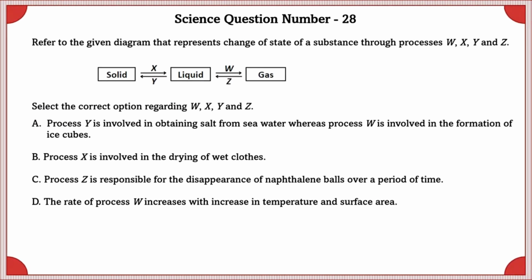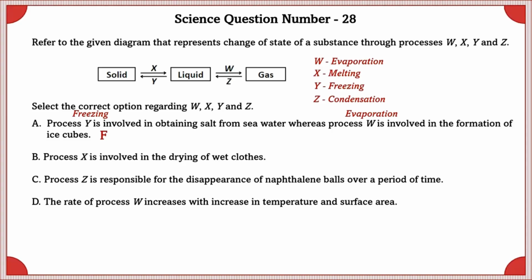Science question number 28. Refer to the given diagram that represents change of state of substances through processes W, X, Y, and Z. Select the correct options regarding W, X, Y, and Z. W is evaporation, X is melting, Y is freezing, and Z is condensation. First option, process freezing is involved in obtaining salt from seawater, whereas process W, that is evaporation, is involved in the formation of ice cubes.